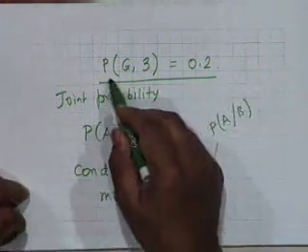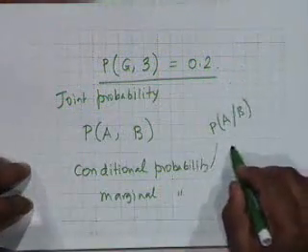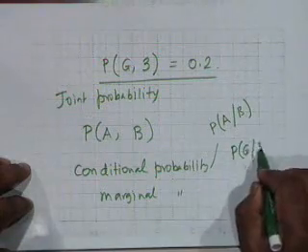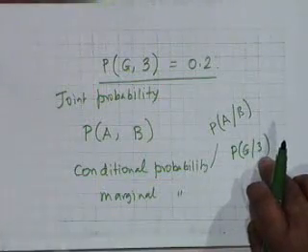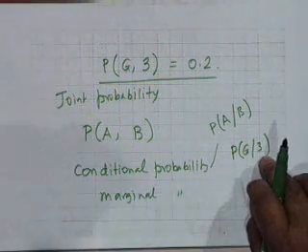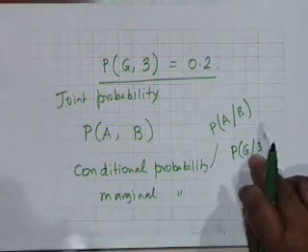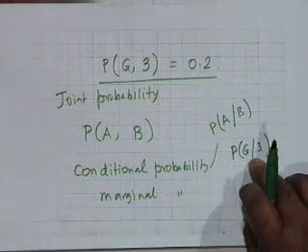For example, we can have P(G|3), that is, a 3-gram ball has been picked up. What is the probability that it is green? You understand what I mean? That is conditional probability. One event has occurred: you have picked up a ball from the box which is 3 gram weight. Then you ask, what is the probability that it is green?